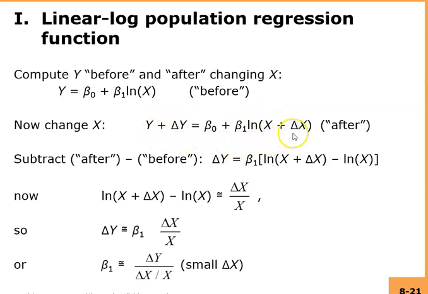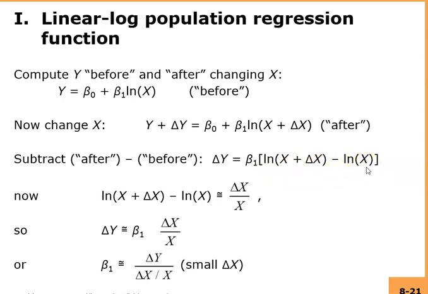So what this simply means is that you're looking at how a change in x is going to cause a change in y. So this becomes your after equation, and this becomes your before equation. If you subtract the before equation from your after equation, you get change in y equals beta 1 multiplied by log of (x plus change in x) minus log of x.